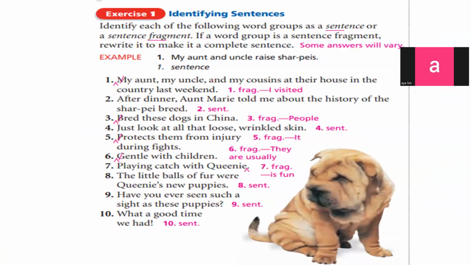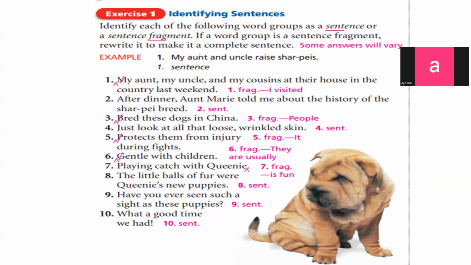For example, here we have some exercises. Identify each of the following word groups as a sentence or sentence fragment. If the word group is a sentence fragment, rewrite it to make it a complete sentence. For example, here, my aunt, my uncle, and my cousins at their house in the country last week. It's a fragment.